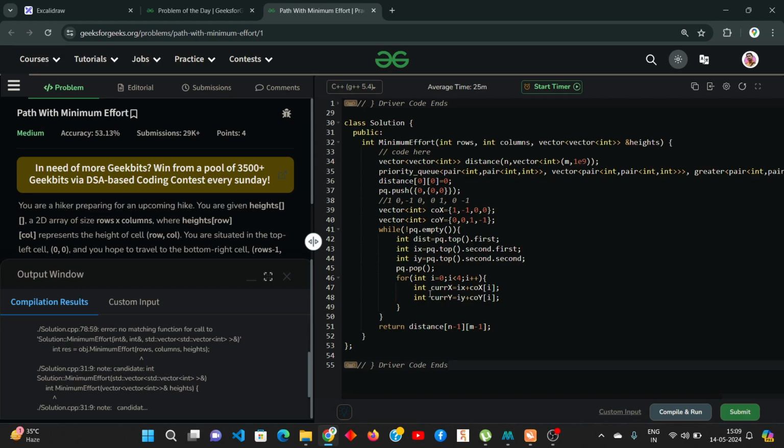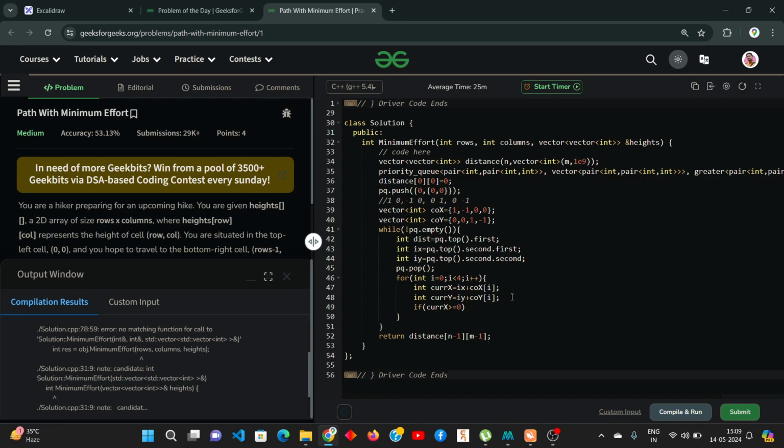Basically, now we have added the values to the previous node position to get the new direction, and we have to also check if these directions are valid or not, because it could go outside of the matrix and cause an out of bound exception. So we have to check for that. That is cx greater than or equal to 0 and cx less than rows, and again cy greater than or equal to 0 and cy less than columns.